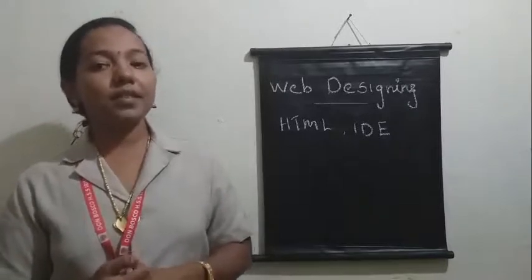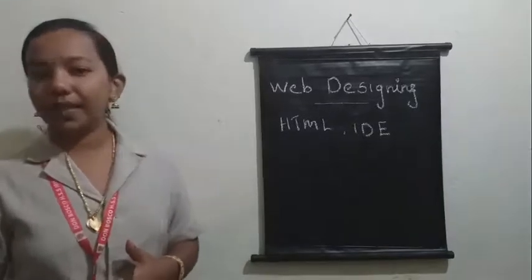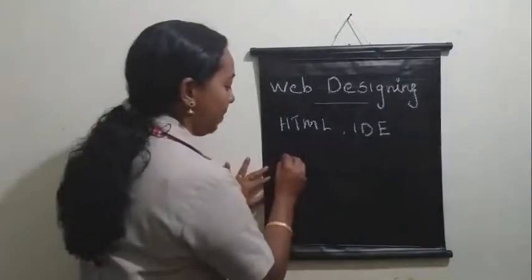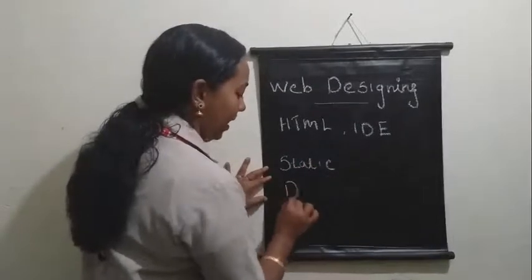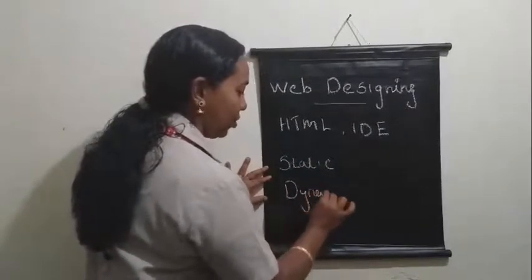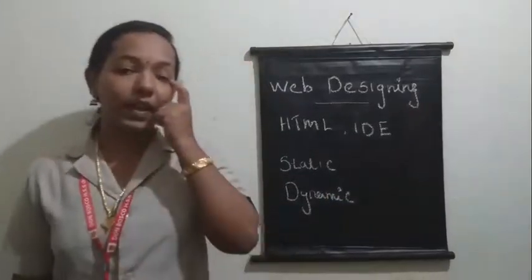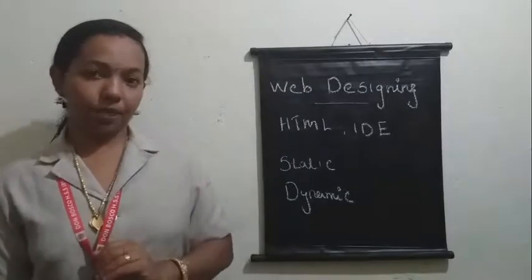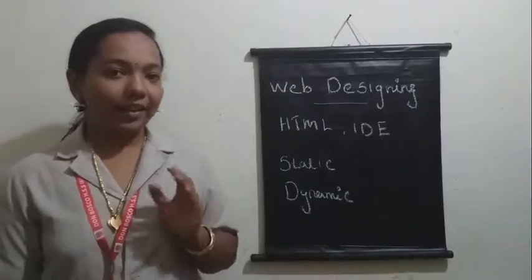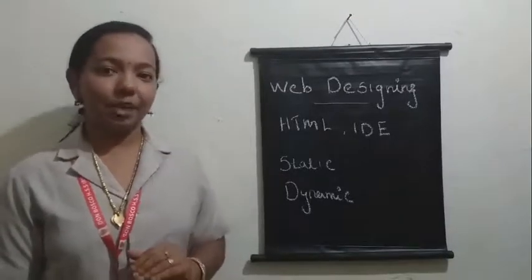In web designing, there are two types of web pages available. The first is the static web page and the second is the dynamic web page. Static and dynamic, you already know from memory allocation.